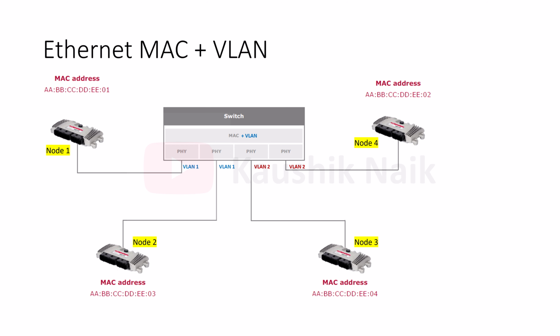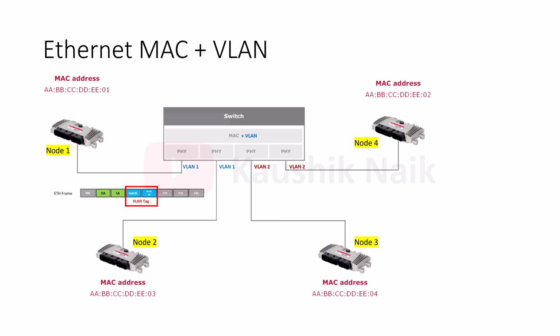Then the Ethernet frame will be added with this VLAN tag. As we see here, the VLAN type, which is represented by the value 0x8100, is the type of Ethernet frame to define it as having a VLAN tag, which is then followed by the VLAN ID.